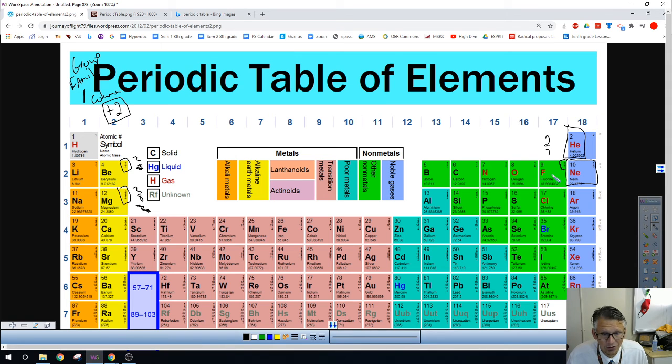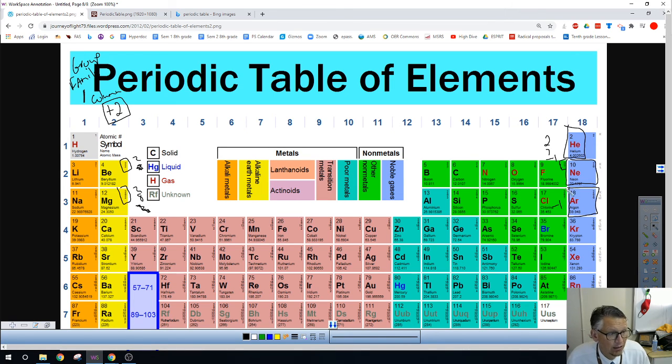So it's going to want to gain one negative electron so that it will act like neon. So if it gains one negative electron, it's going to have a -1 charge. Chlorine is 2, 8, 7. It's going to want to gain one negative electron and act like argon.